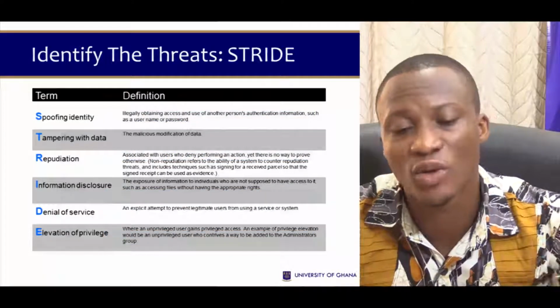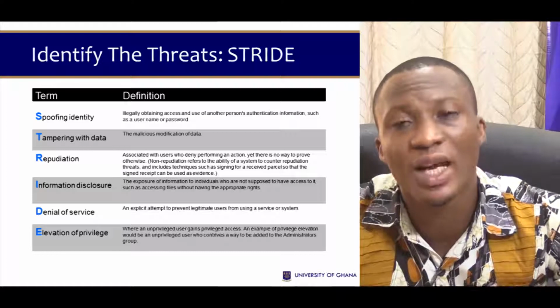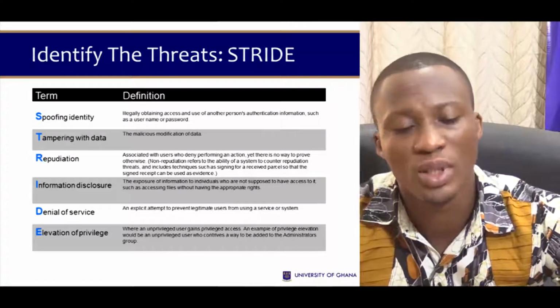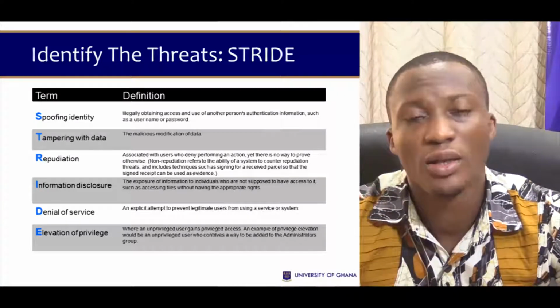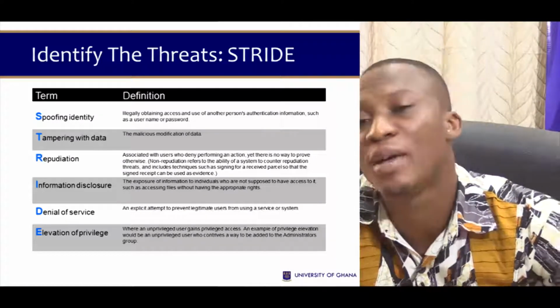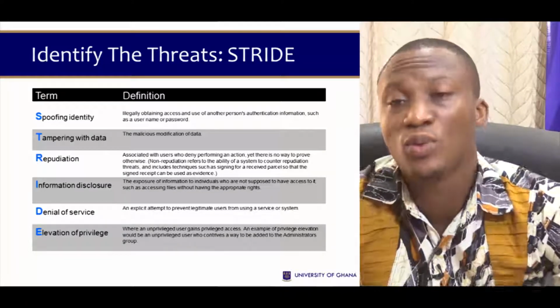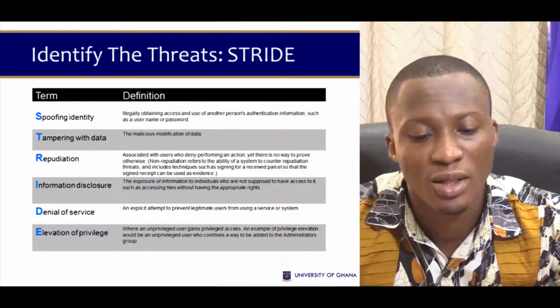So in identifying the threats, STRIDE simply means spoofing identity, tampering with data for the T, then repudiation. Here, associated users who deny performing an action, yet there is no way to prove that they didn't do those actions, is being analyzed.